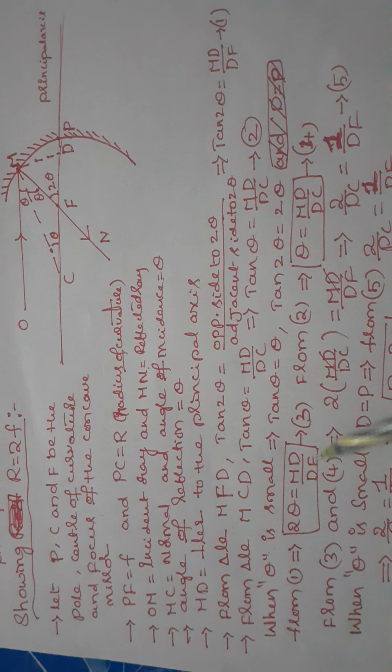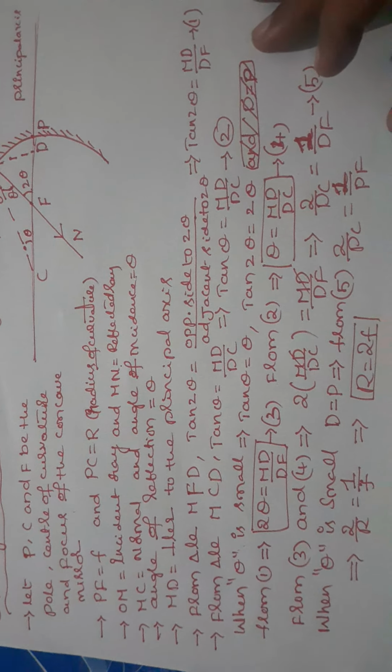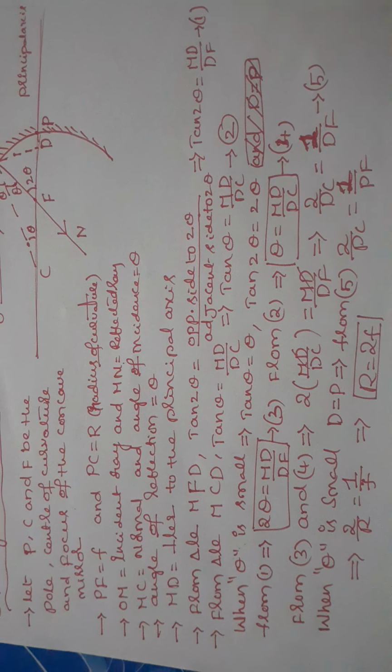That is why from equation 1 and 2, it will be written as 2 theta is equal to MD by DF, which is taken as equation number 3, and theta is equal to MD by DC. Now substitute 4 in equation number 3 in the place of theta, then it will be 2 of MD by DC equal to MD by DF. MD will be cancelled, then 2 by DC equal to 1 by DF, students. This is taken as equation number 5.